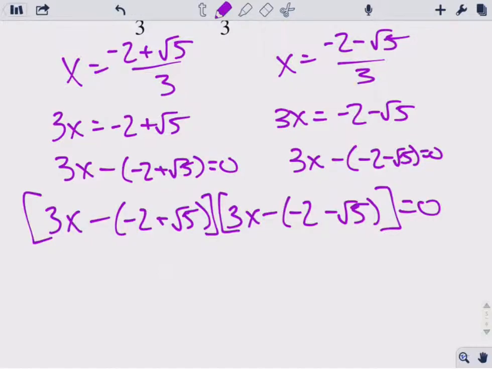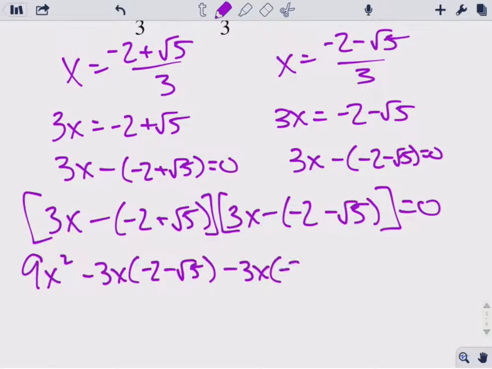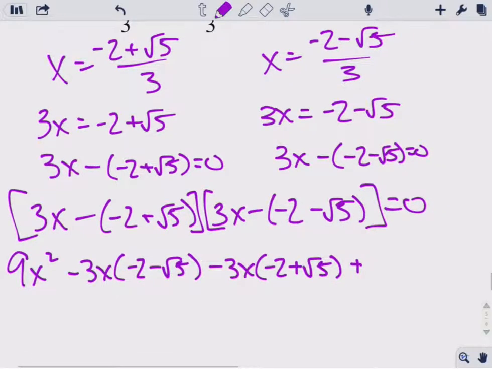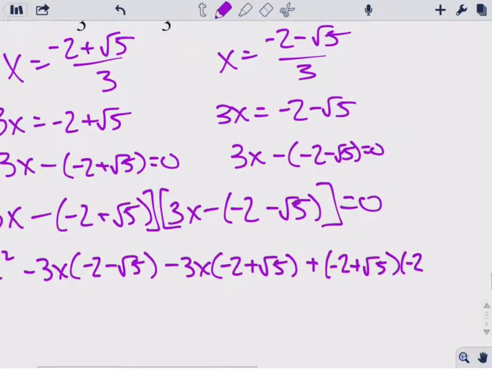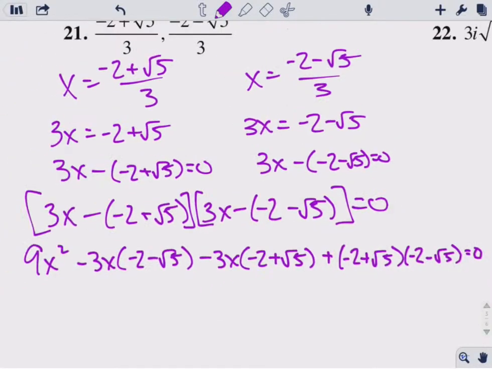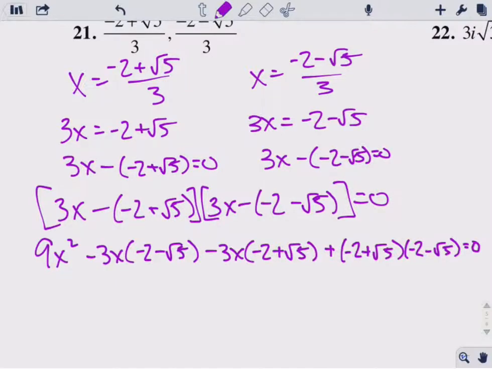Now we FOIL. 9x squared. Outside, negative 3x times negative 2 minus root 5. Inside, negative 3x times negative 2 plus root 5. Plus, negative 2 plus root 5 times negative 2 minus root 5 equals 0. Alright, so take it another simplification step.